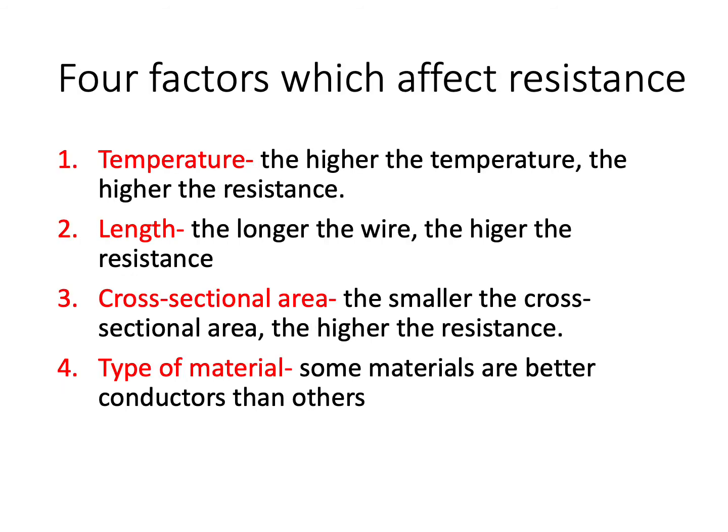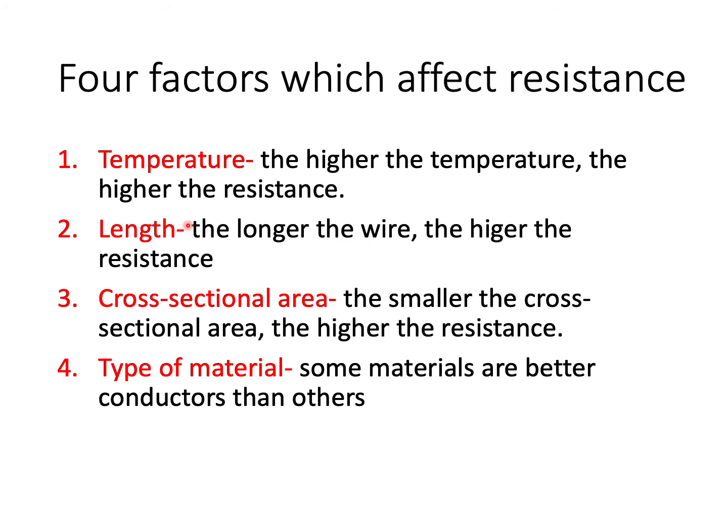So the four things that affect the resistance of a material are temperature, length, cross-sectional area, and the type of material. So with temperature, if you increase temperature of the wire, all the little atoms vibrate more, and that increases the resistance.